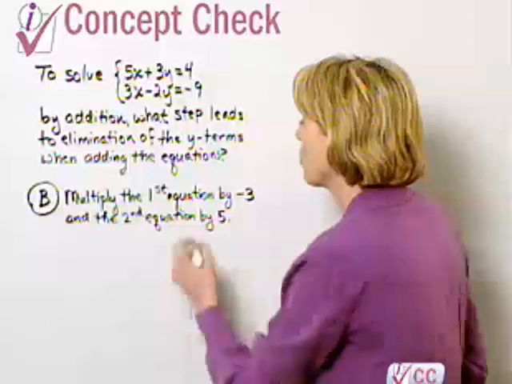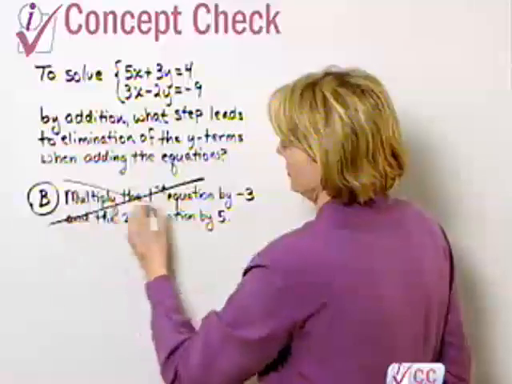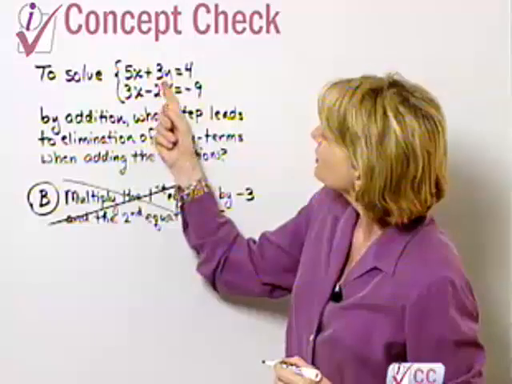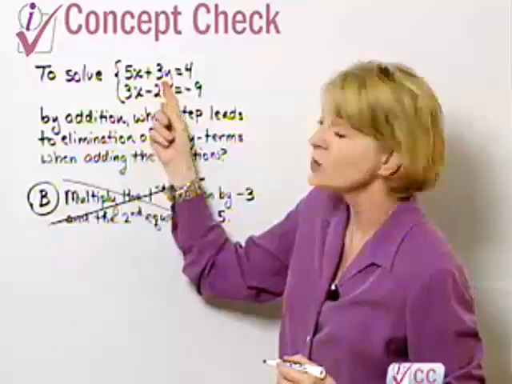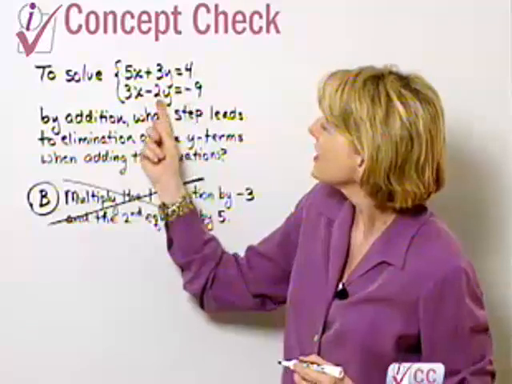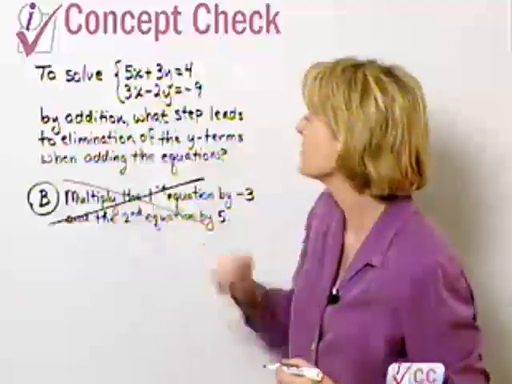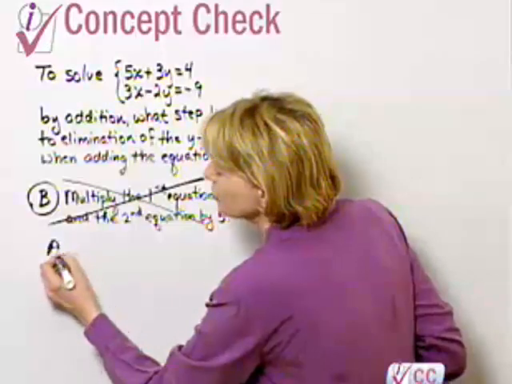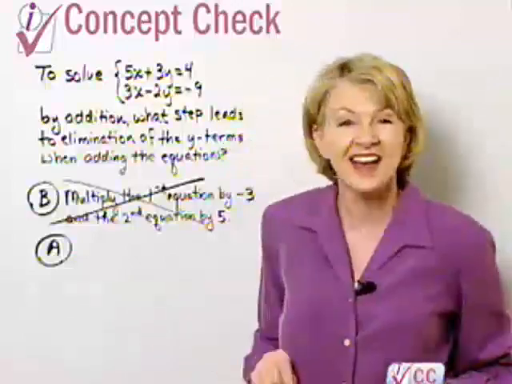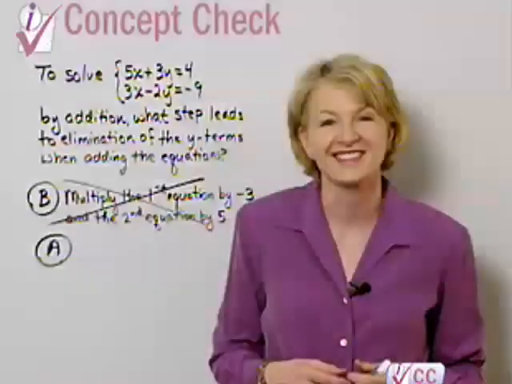To eliminate the y terms, notice you multiply the first equation by 2, this becomes 6y, and the second equation by 3, this becomes negative 6y, and that is choice A. So choice A is the correct choice.